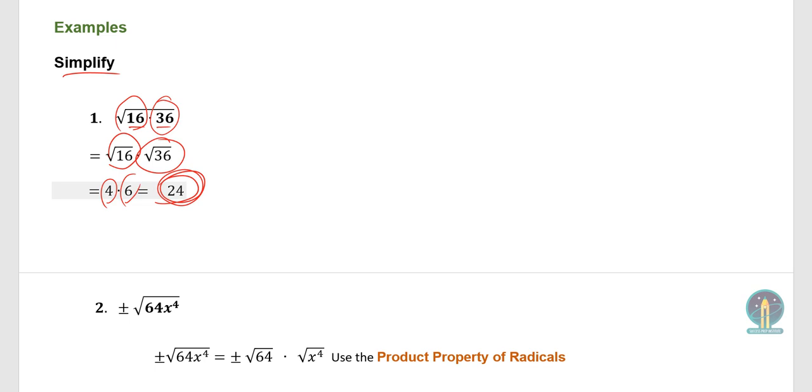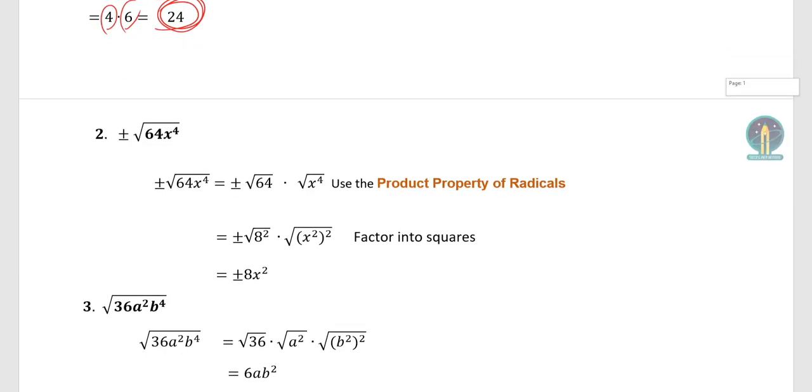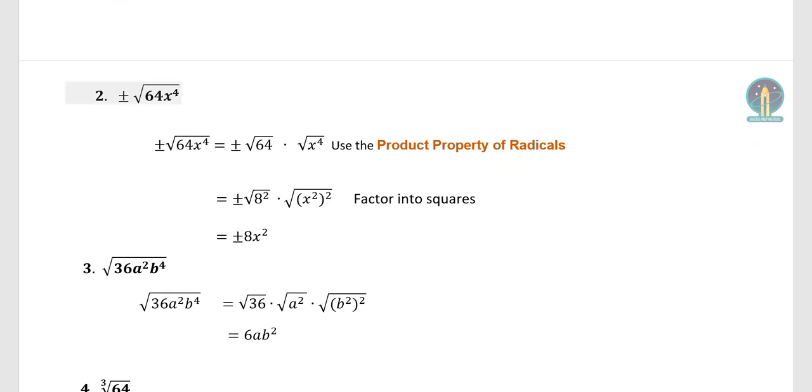Another example. Find plus or minus the square root of 64x to the fourth. Here again, we can use the product property of radicals to separate the 64 and the x to the fourth, right?